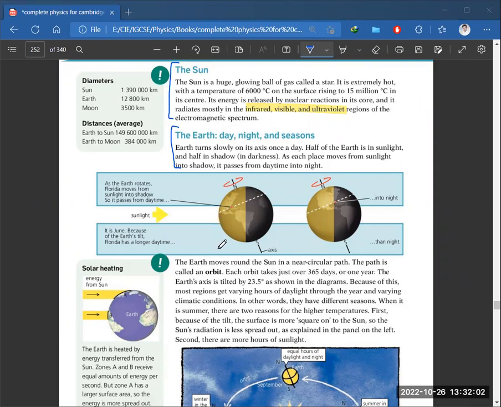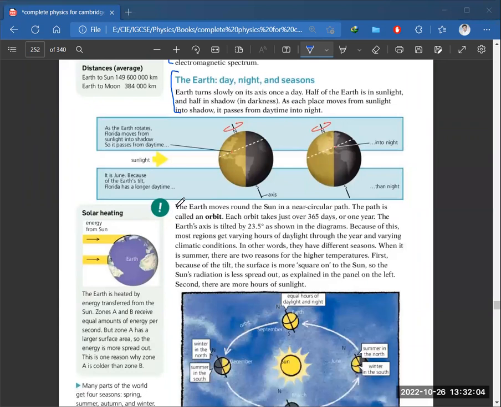Not the diagram, not reading the diagram. Okay. I just want you to read from here. Ayan, read from here, quick. The Earth moves around the sun in a near circular path. The path is called an orbit, and the Earth's orbit is just over 365 days, or 1 year. The Earth's axis is tilted by 23.5 degrees Celsius, as shown in the diagrams.